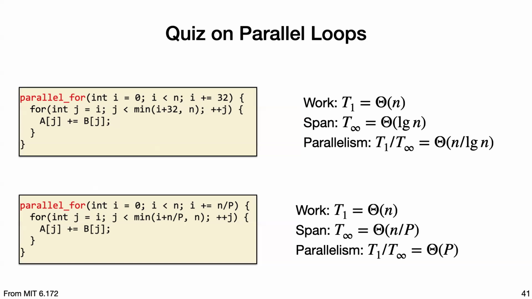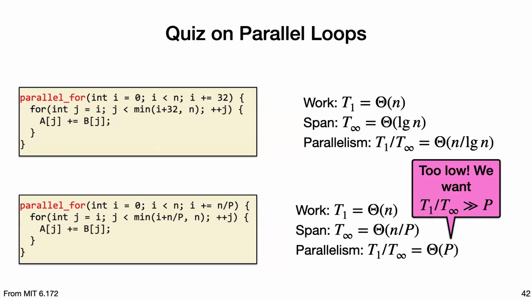And then the parallelism is now theta p, rather than theta n over log n. This is low, because ideally you want the parallelism to be much greater. Parallelism is a theoretical notion. You will not achieve speedup much greater than p, but parallelism is the maximum possible speedup you can get. So theoretically, you want your parallelism to be much higher than p.